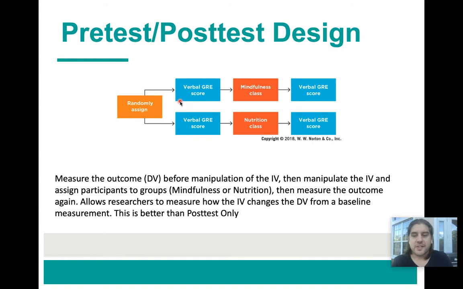So this is, again, an independent groups design because we are putting people into two separate tracks, if you will, two separate groups. One group is going to end up getting a mindfulness class. The other group is going to get a nutrition class.